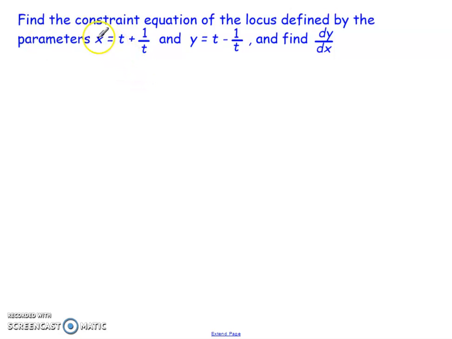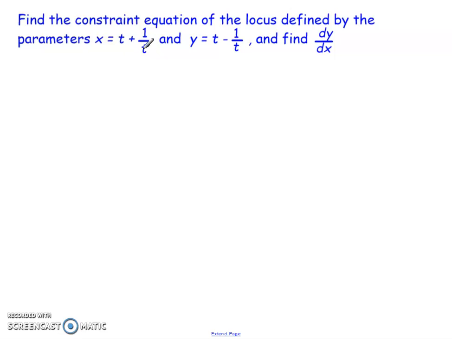So let's imagine I've got two examples here. I'm going to say to you, find the constraint equation of the locus defined by the parameters x equals t plus 1 over t and y equals t minus 1 over t, and find dy by dx. Now, what we could do to eliminate the t and find the constraint equation is rewrite it so that we have t equals something in terms of x, and then substitute it in.